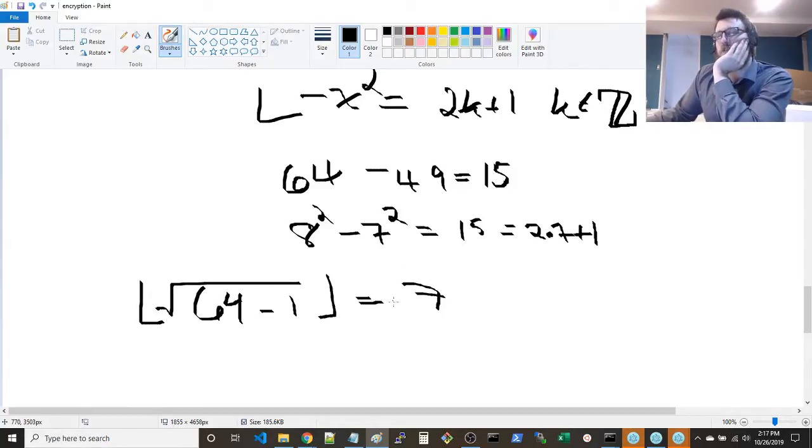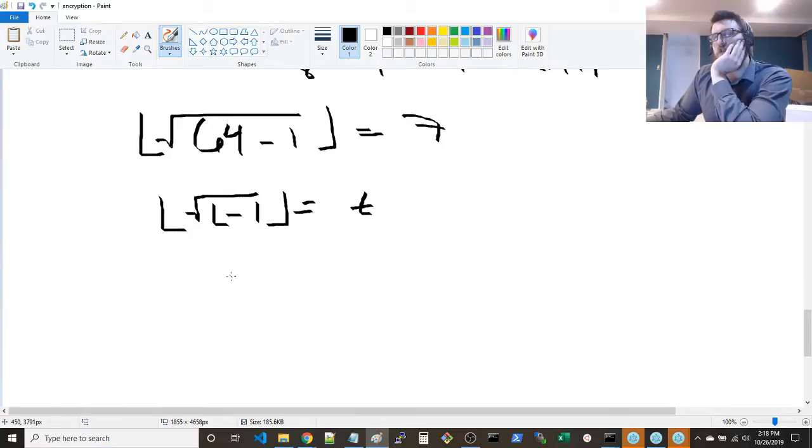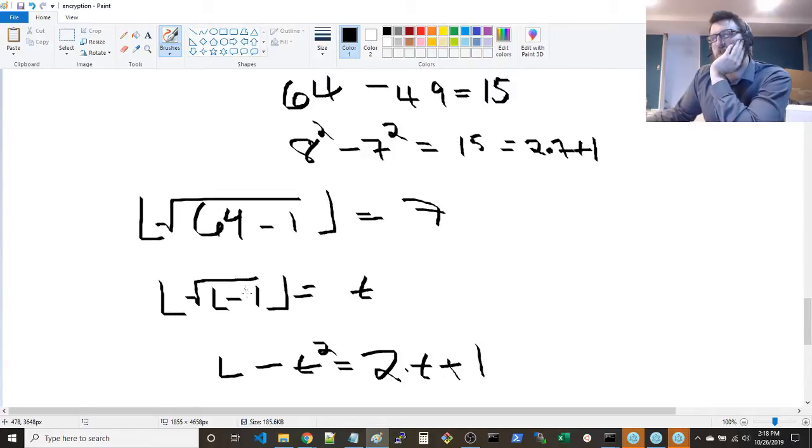And then you would check, if you have L, the floor of the square root of L minus 1, let that be T, and then you check that L minus T squared is equal to 2 times T plus 1. Right. That's what you would check if it's a perfect square or not.